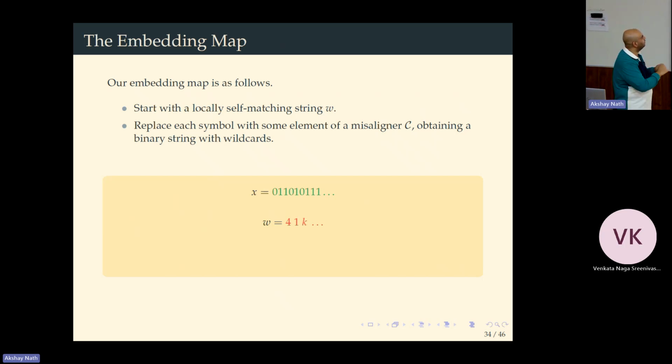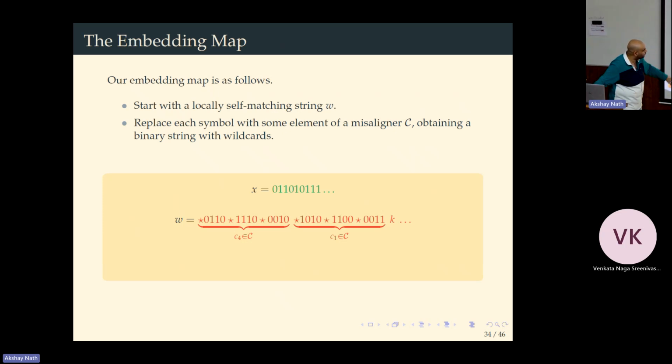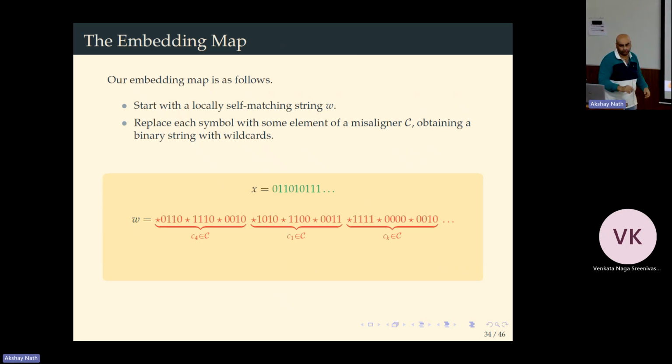So we take a misaligner with the number of code words equal to the alphabet size. And we replace each letter in W with one of the misaligner code words. So let's say 4 is replaced with the 4th code word, 1 is replaced with the 1st code word, K is replaced with the kth code word, and so on. When we do this, we have 0s, 1s, and then stars, wild characters. There's a wild character at every T positions.